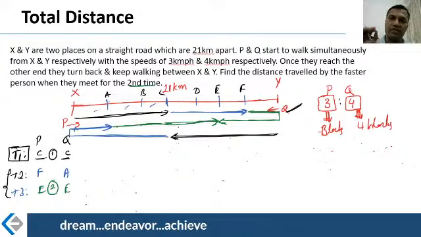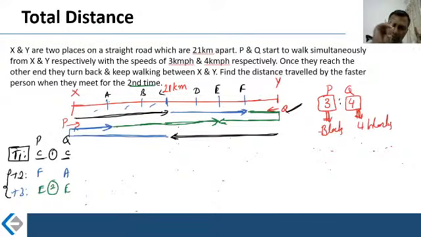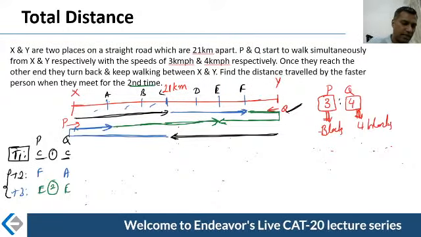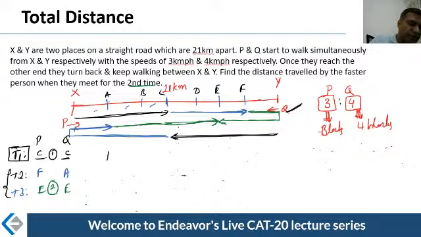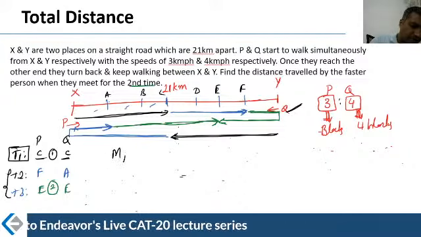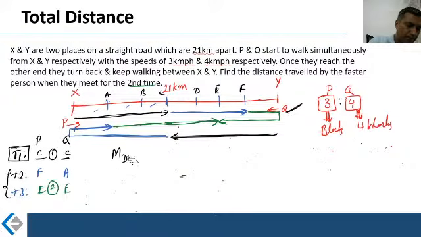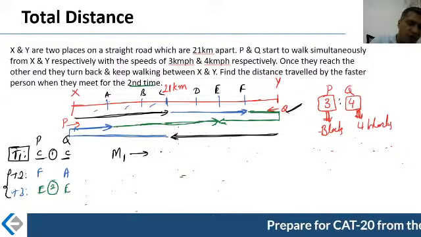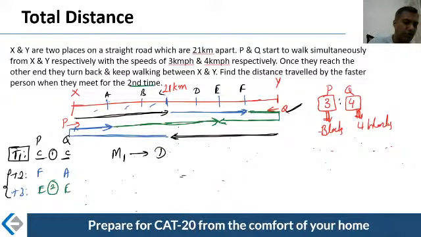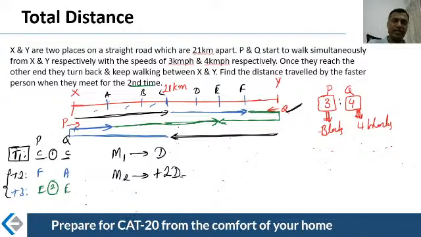Whenever 2 people start simultaneously from opposite directions, the distance to be traveled to meet for the first meeting is nothing but 1 full length, just 1 full distance. However, when they want to meet for the second time, between the first and the second meeting they have to travel an additional 2D distance.